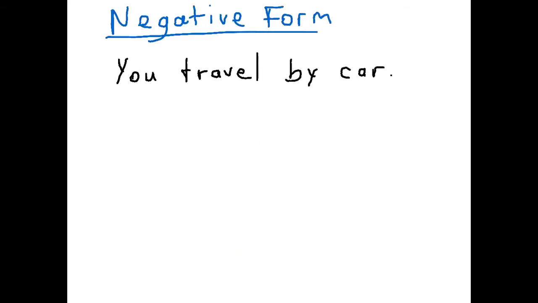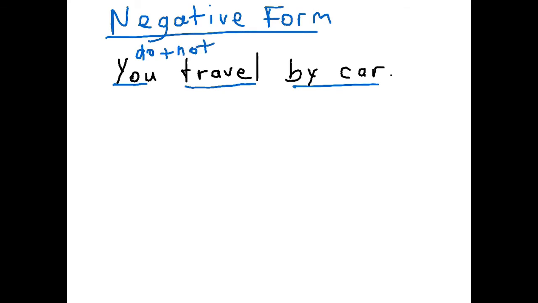Now let's have a look at the negative form of the simple present. Remember the form. Remember the structure of the sentence. Subject, verb in the base form, and complement. What you need to form the negative now with that sentence, you travel by car, is an auxiliary, do, plus not.